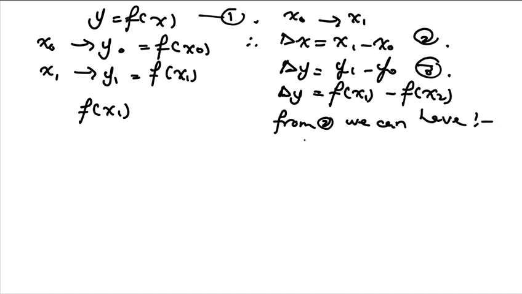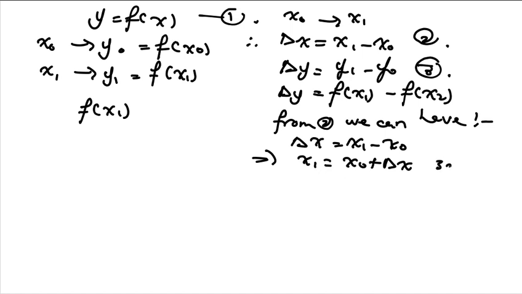From change in x equals x1 minus x0, this implies that x1 is actually x0 plus change in x, isn't it? Thus, let's call this 3a for instance. So f of x1 here can be rewritten as what? Using 3a, f of x1 can be rewritten as f of x naught plus change in x, isn't it?